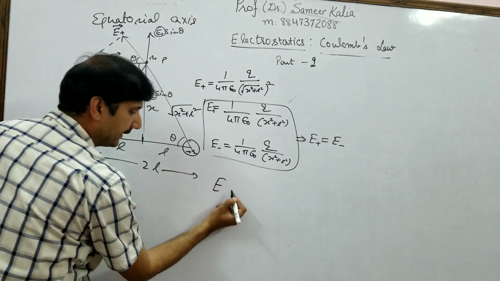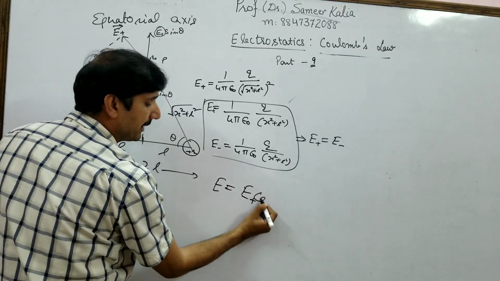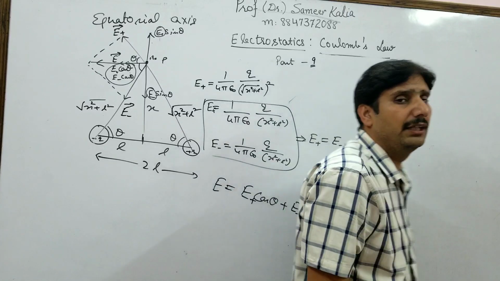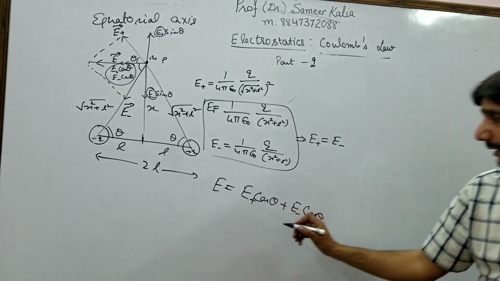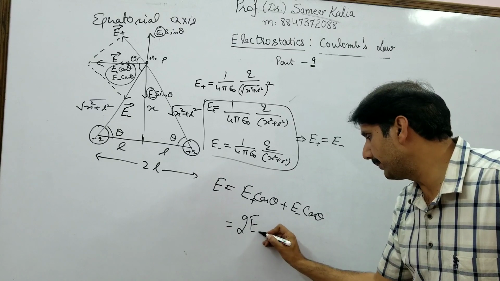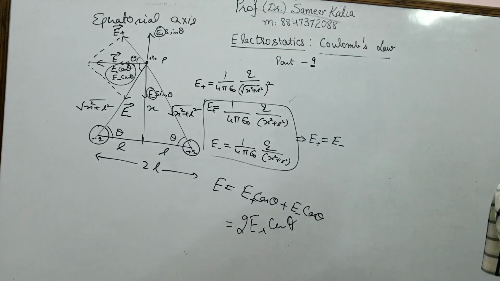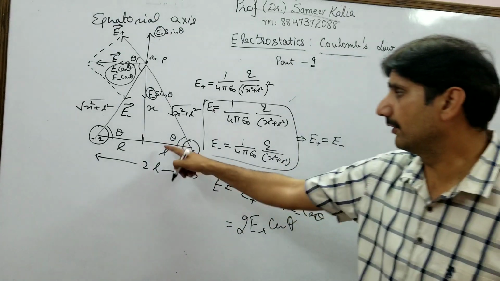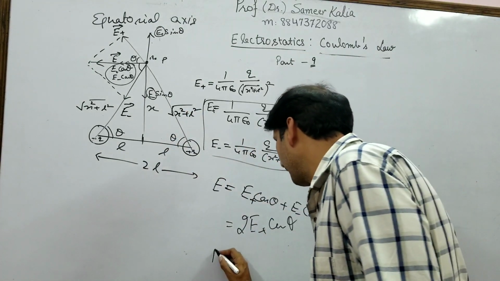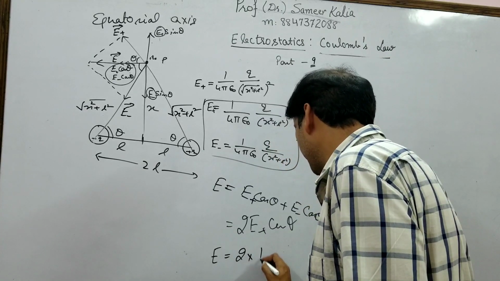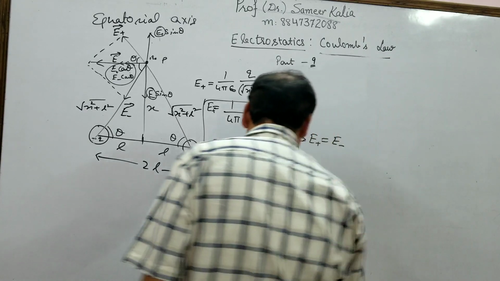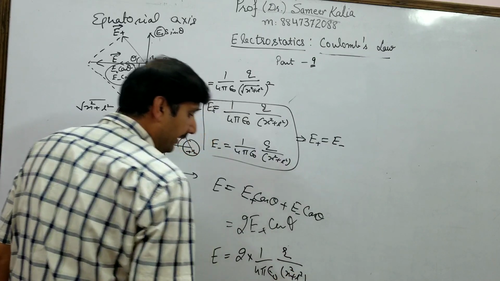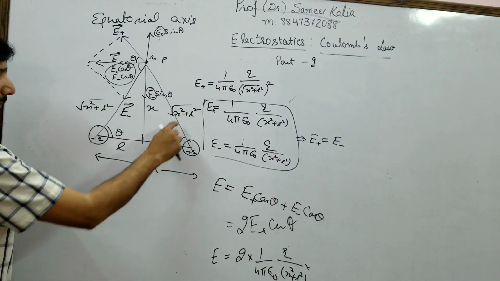That is, the resultant electric field is E plus cos theta plus E minus cos theta. Since E plus and E minus are equal, I can write it as 2E plus cos theta. Put in the value of E plus from here and the value of cos theta from this triangle. What do I get? E is equal to 2 times 1 by 4 pi epsilon naught q divided by x square plus l square, into cos theta, which is base over hypotenuse.